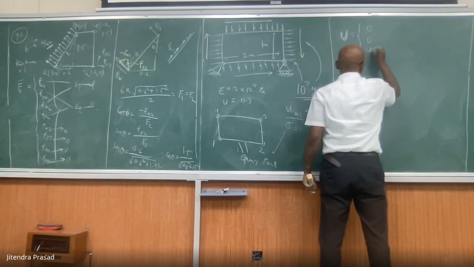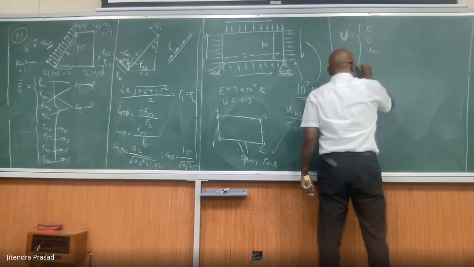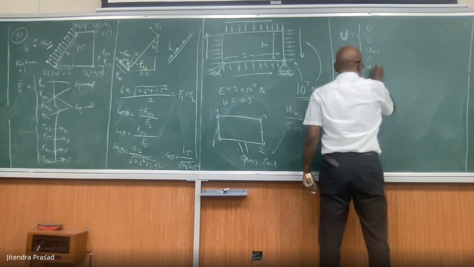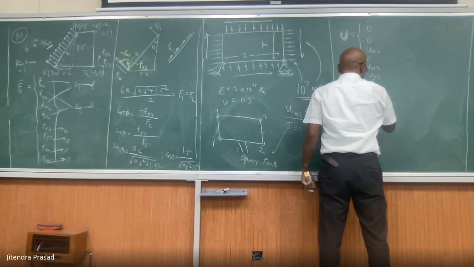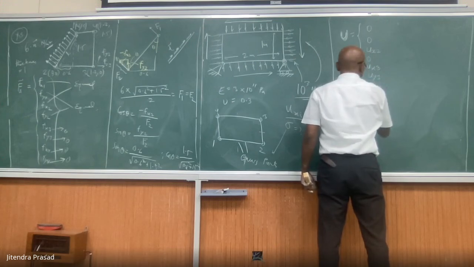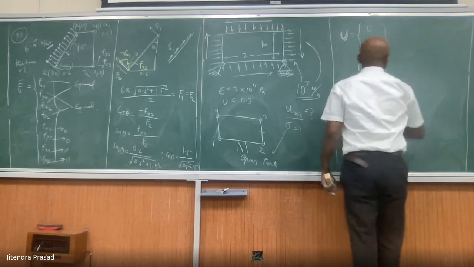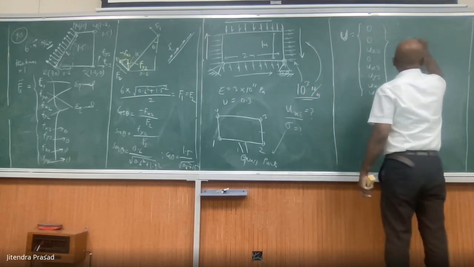We don't know, so we write ux2. Number 4. Then ux3, uy3, ux4, uy4. You start with this. You got the u now. Now f.